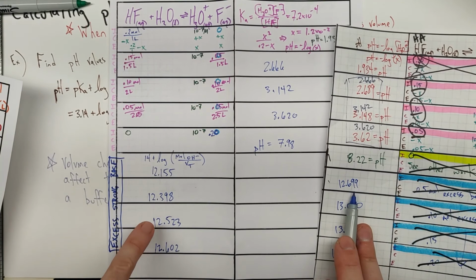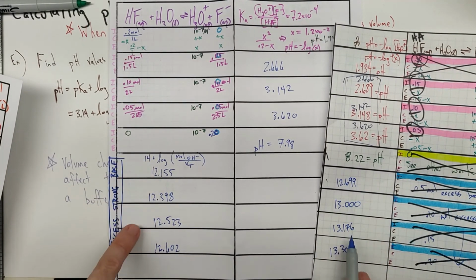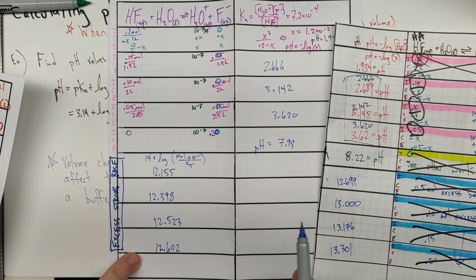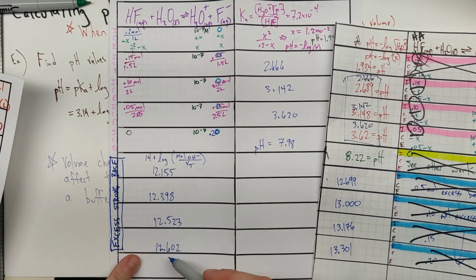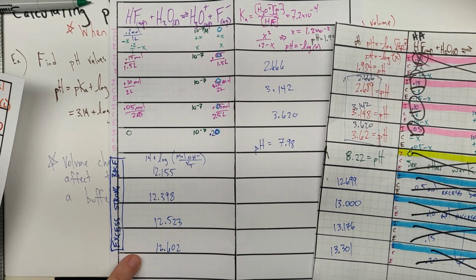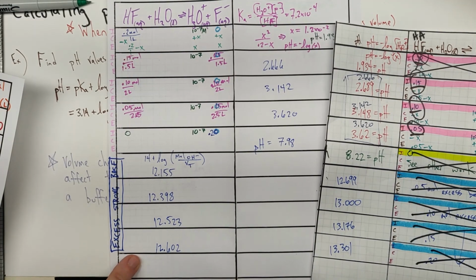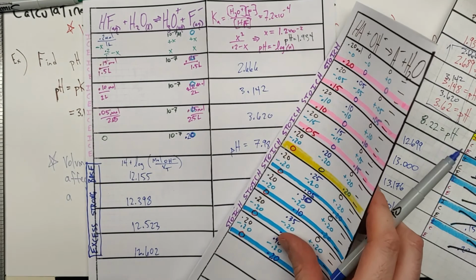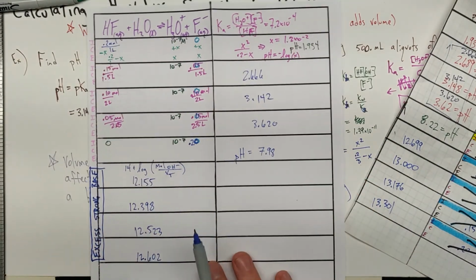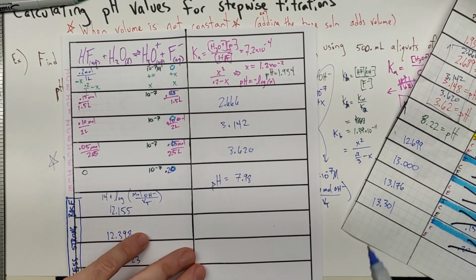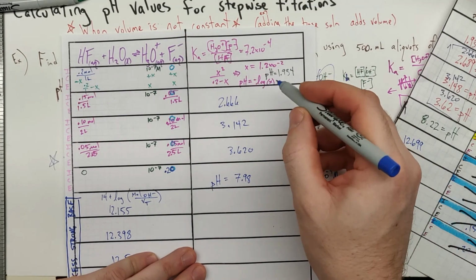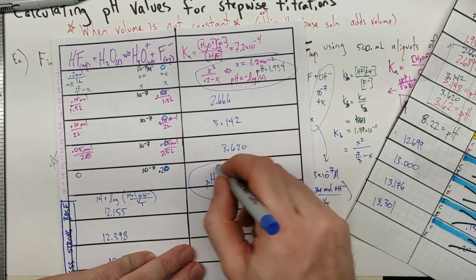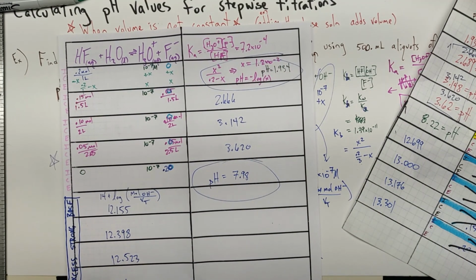And then 12.699, we have the same situation where all of these pHs in the diluted solution where we had a volume for our base ended up lower. They're not as basic because the solution has been diluted. So again, exact same math we did, exact same stoichiometry we did. The only difference is you need to factor in those volumes, and in this particular case, the only place where we had to factor in those volumes was the first step and then that middle equivalence point step, and everything else stayed the same.